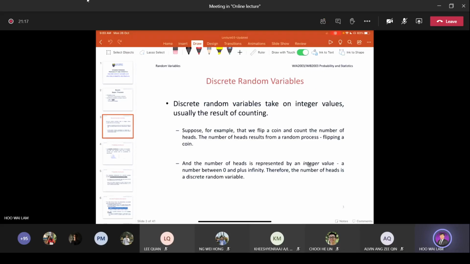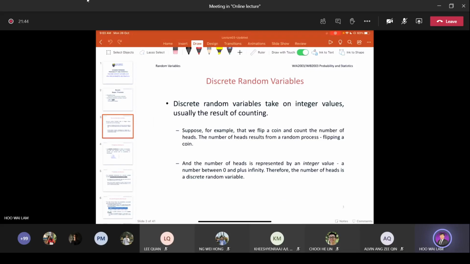So in that case, the potential outcome is between 0 and +infinity. But this +infinity is dependent on the number of flips that you have, right? It's actually bounded. So every time you flip a coin, the minimum number of heads that you can get is 0.